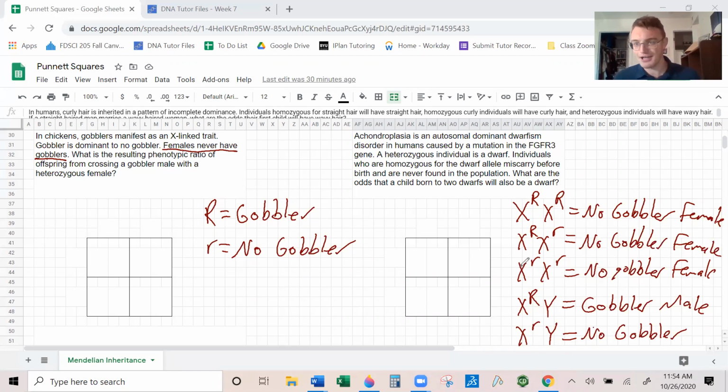It's a sex-limited trait. So we have the resulting phenotypic ratio crossing from a gobbler male. So we look at our table. The only way to be a gobbler male is to be X big R Y, and a heterozygous female. Notice it wouldn't help me to say a non-gobbler female because females never have gobblers. So I had to say heterozygous.